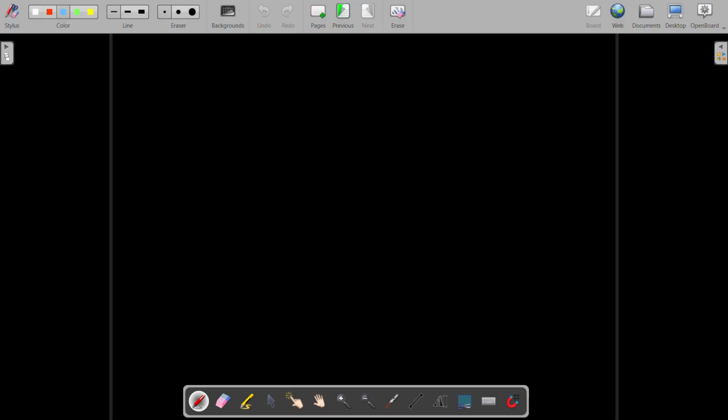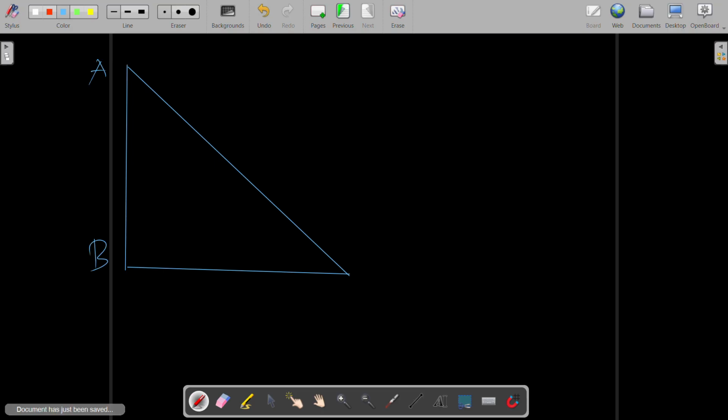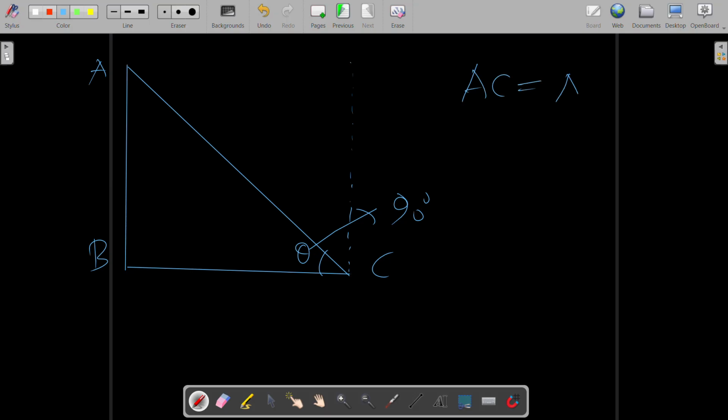Right? Next, in this triangle ABC, if angle theta becomes equal to 90 degree, then what? Then this line AC becomes like this, so AC is becoming equal to AB.